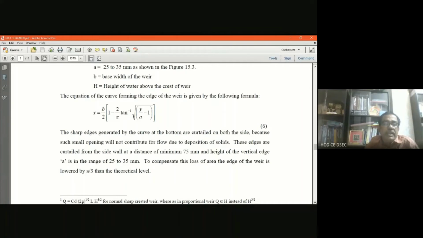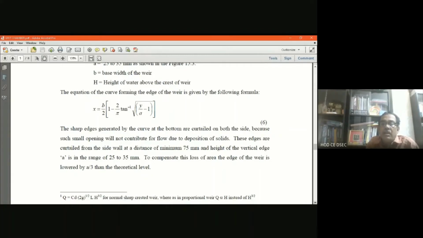So these are discontinued from the side wall at a distance of minimum 75 millimeter, and the height of the vertical edge a is in the range of 25 to 35 millimeter. To compensate the loss of area, the edge of the weir is lowered by a by 3 than the theoretical level.